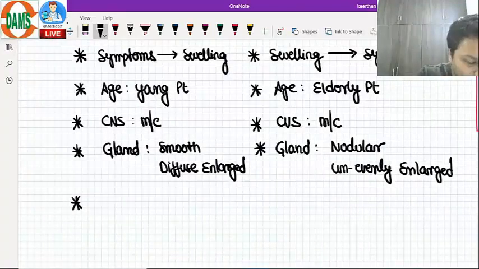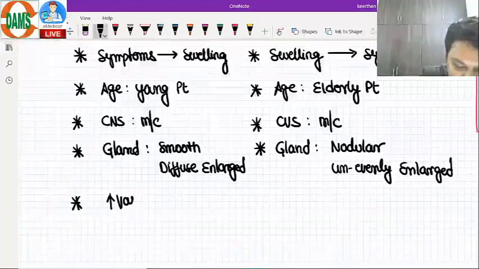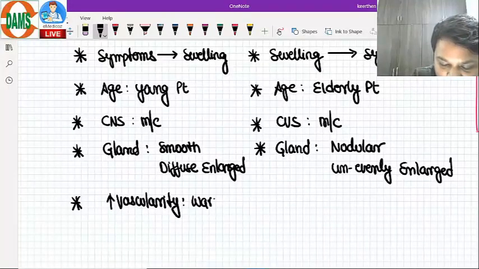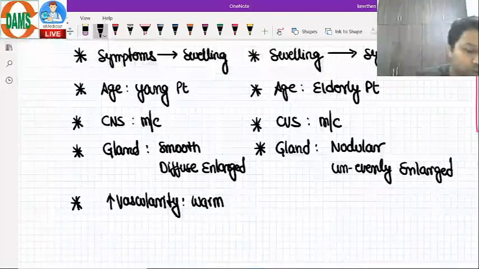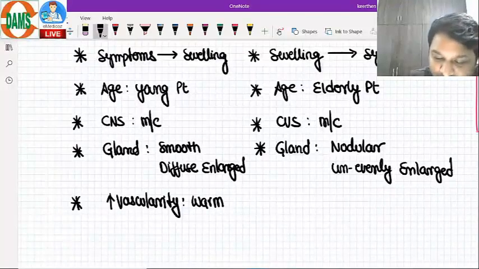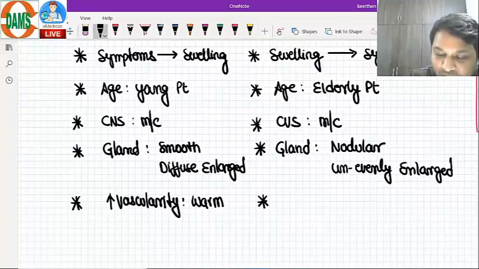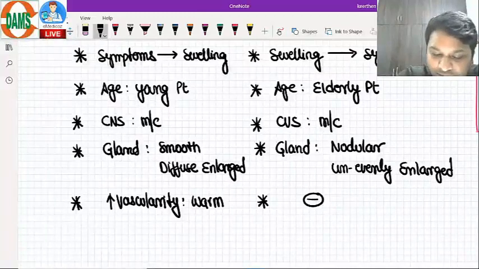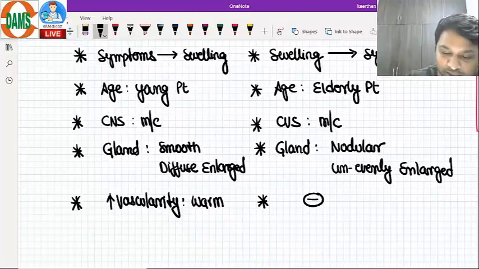Primary thyrotoxicosis usually has increased vascularity. Because of increased vascularity, the gland usually appears warm. Whereas secondary thyrotoxicosis is not associated with increased vascularity, nor is it going to be warm.